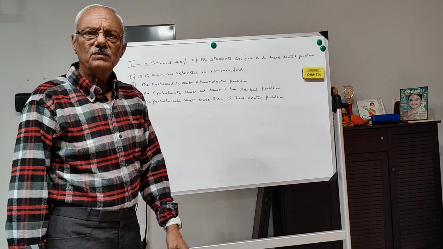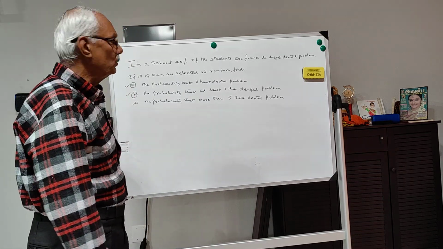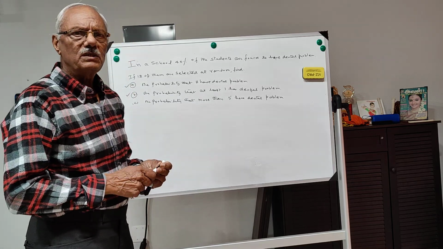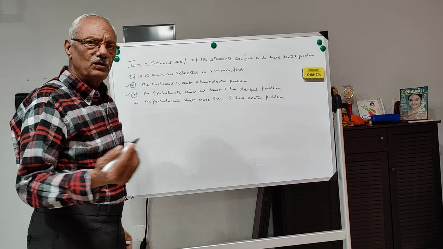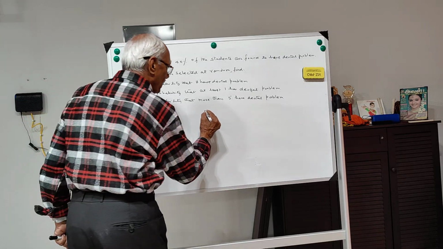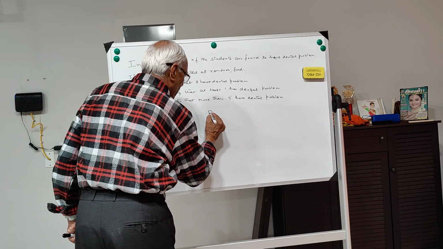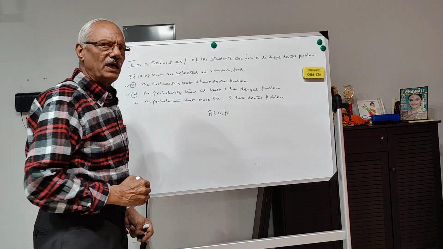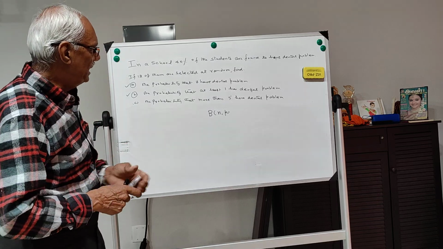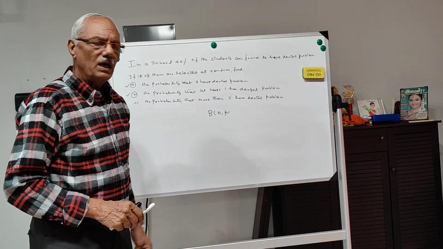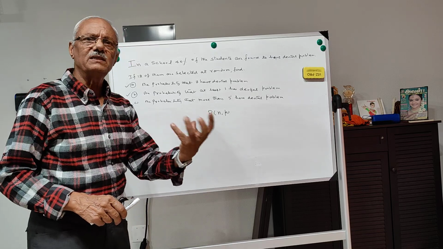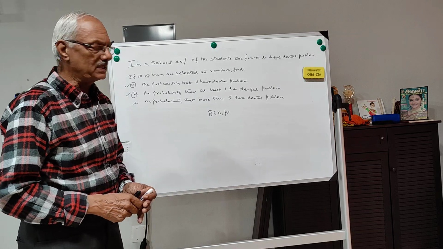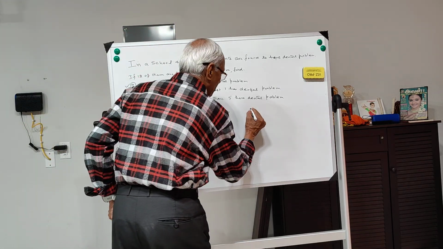This is a problem which can be done using binomial distribution. Binomial distribution is normally denoted by B of n, p, where B denotes the binomial distribution, n denotes the number of trials that we do, and p is the probability of success.